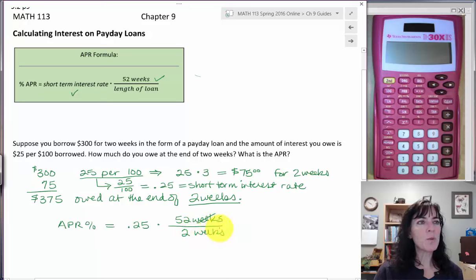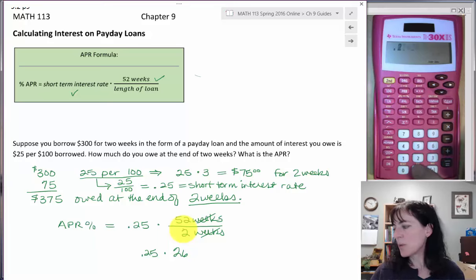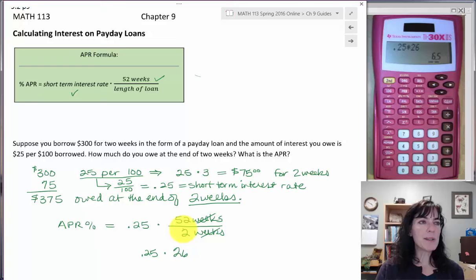And so weeks over weeks reduces: 52 divided by 2. If you know that, you can rewrite that as 26. And then we're taking 0.25 times 26. So 0.25 times 26. And we get 6.5.